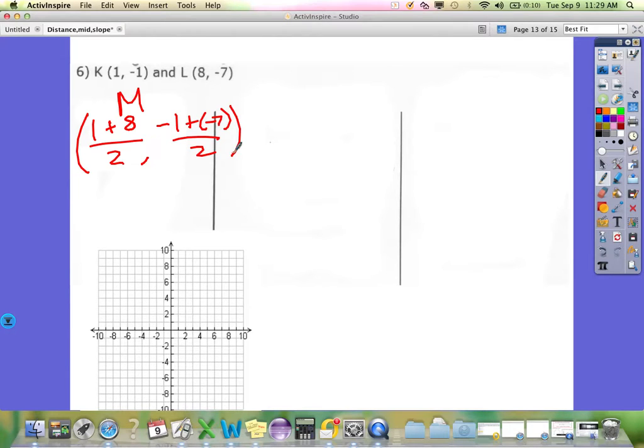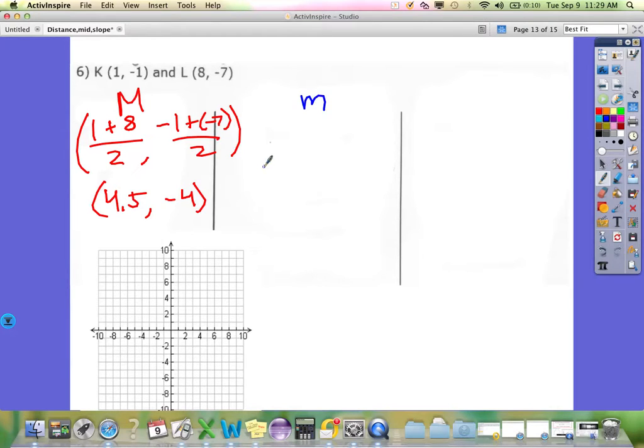So x plus x and y plus y. 1 plus 8 is 9. 9 divided by 2 is 4.5. Negative 1 plus negative 7 is negative 8 divided by 2 is negative 4. So there's your midpoint.